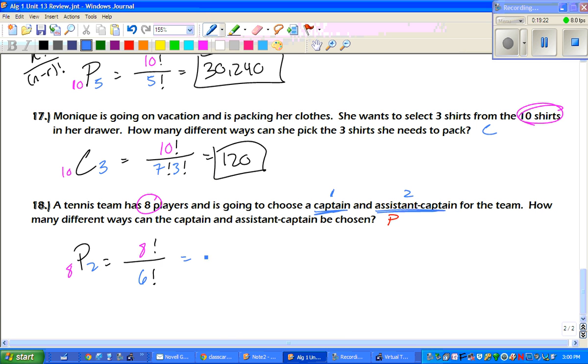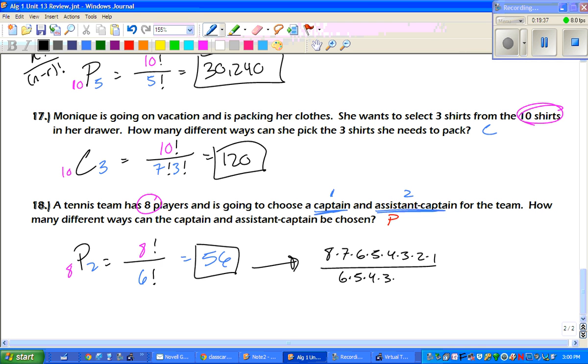You get 56. And this is one that we could actually do in our heads, because if you were to write out the factorial for 8, and the factorial for 6, know which ones you can cross out, you're left with 8 times 7, and you get 56.